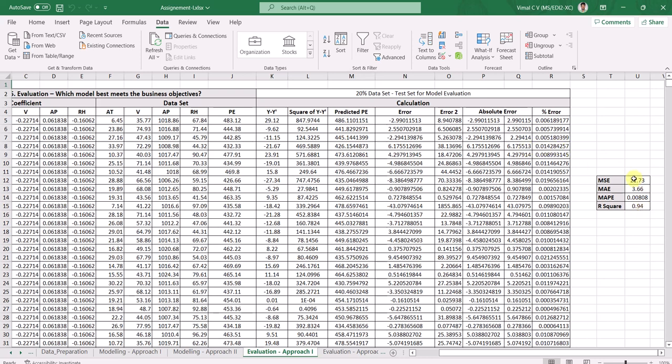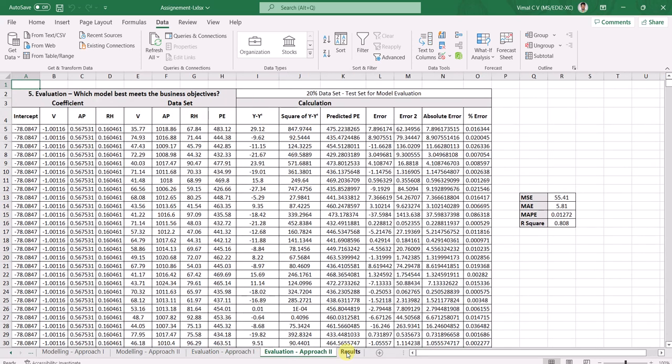The 20% data set was not used in training the model, so I used the remaining 20% as the test set, and these are the predicted output values for approach one. In the next sheet, I used the second approach and calculated the R square value along with MSE, MAE and MAPE. The R square here comes to 0.808. Here also the remaining 20% test data is used as input to predict the values and compute MAE, MSE, MAPE and R square.